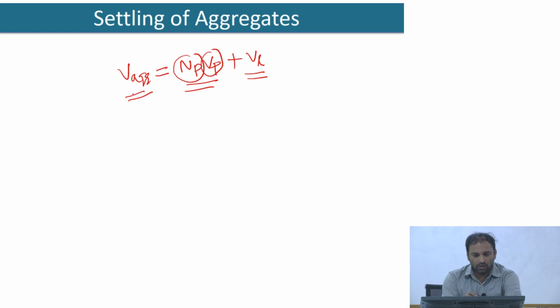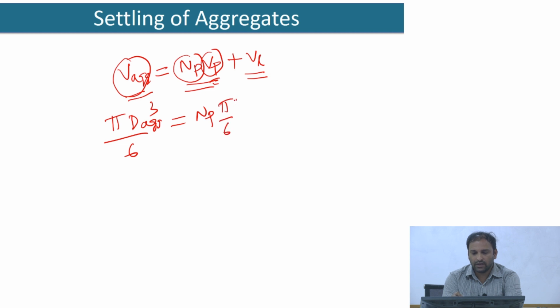So, now what I can do is, this is pi d aggregate cubed by 6, and that is the number of particles, and the volume of the particle is say pi d particle cubed by 6.